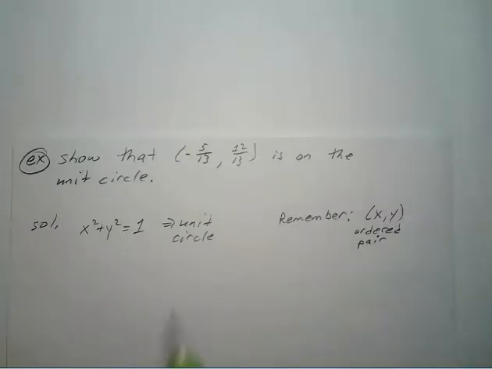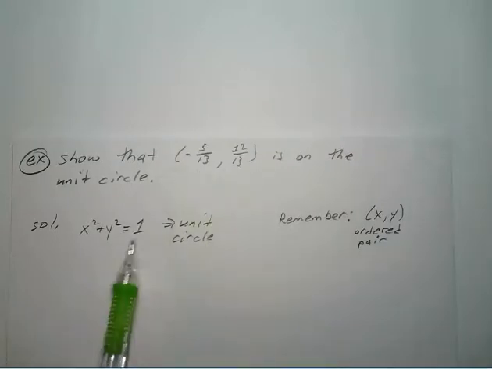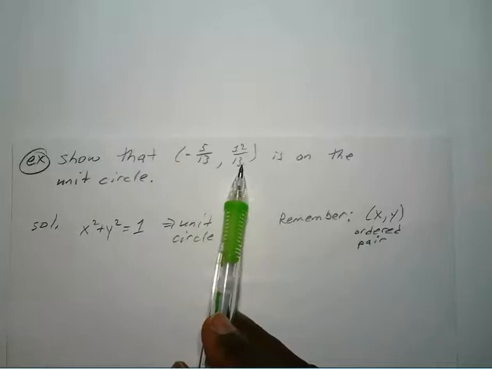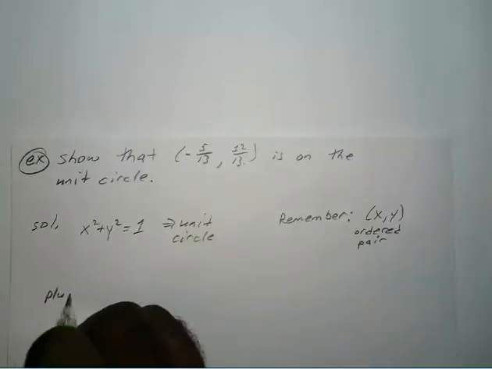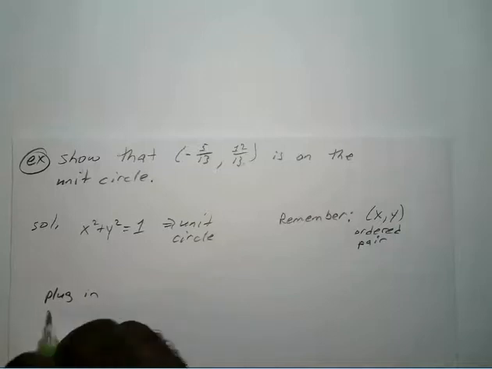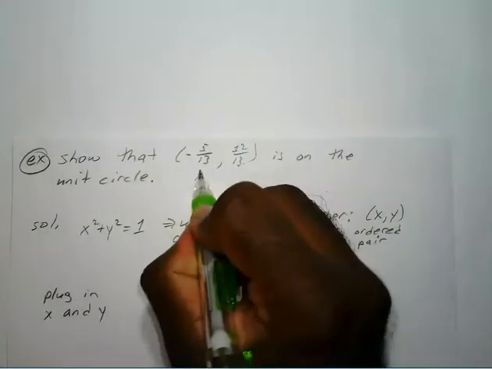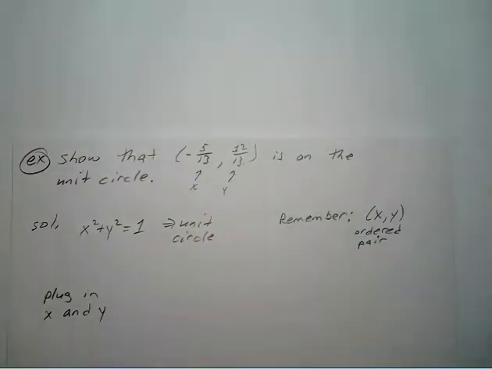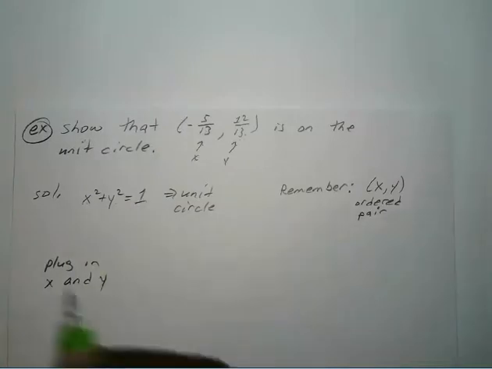Okay. So what we do is we plug in this x and this y, and if it equals 1, we know it's a point on the unit circle. Okay, so we just plug in x and y, where of course this is your x and that's your y. So you have x squared plus y squared equals 1.